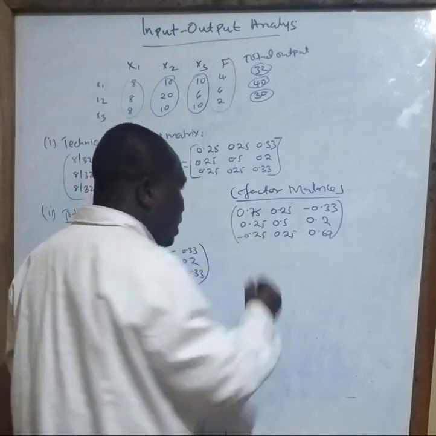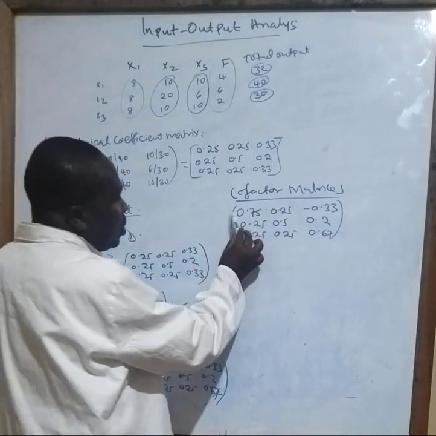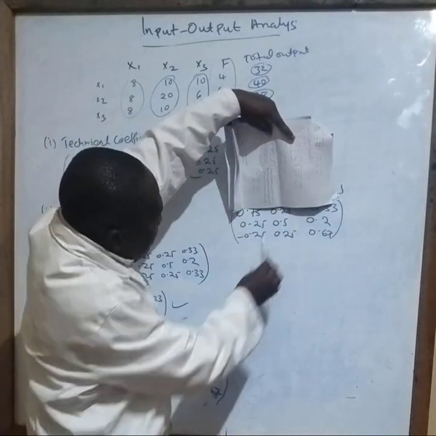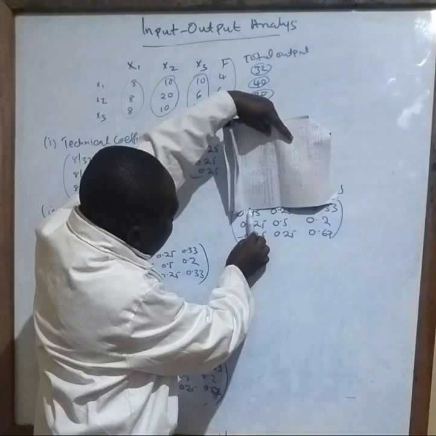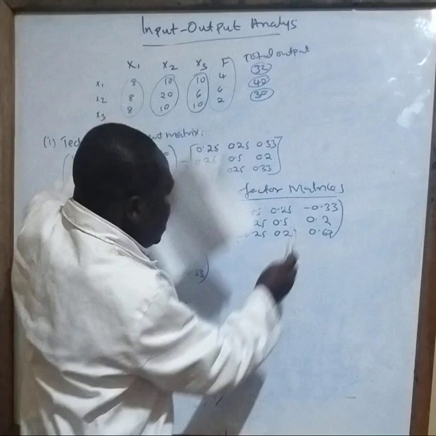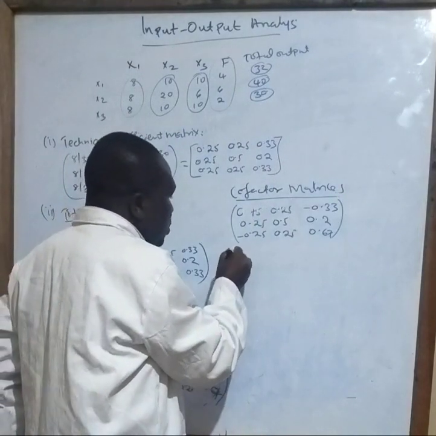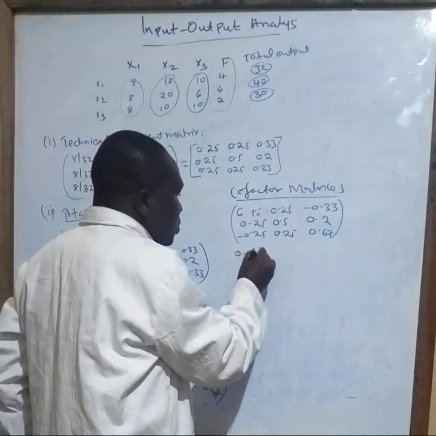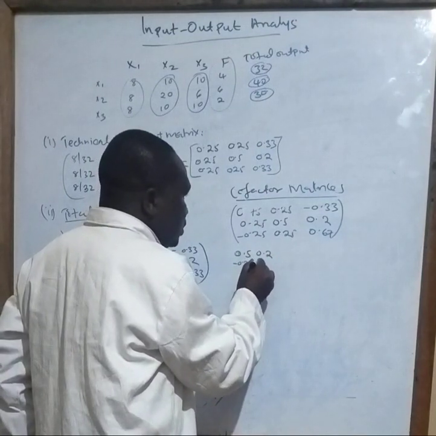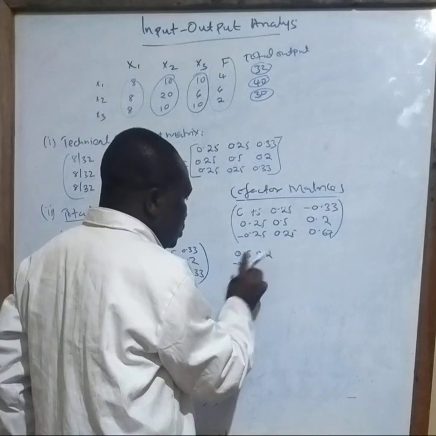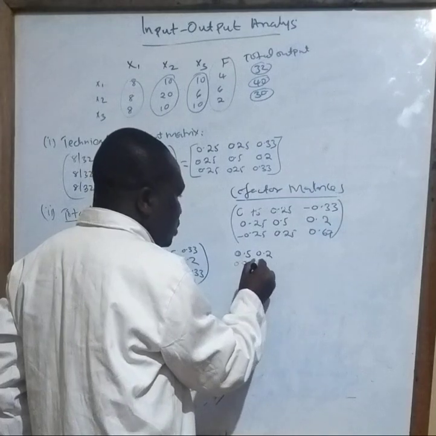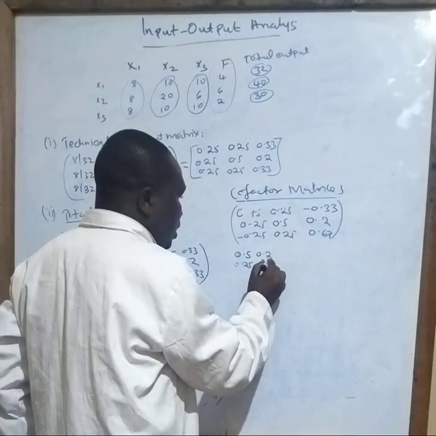We want to develop matrices here. So close the first row, I close like that, I open. Then I close the first row, first column. So this gives me 0.5, 0.2, negative 0.25, then 0.25, then 0.67. That is the first matrix.